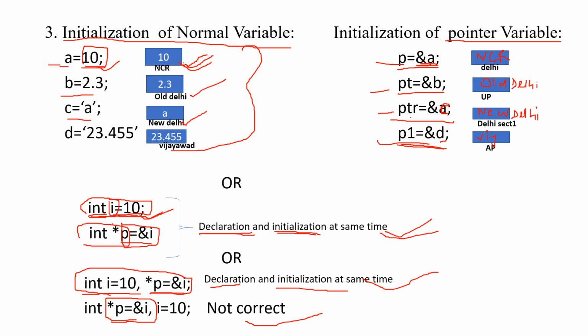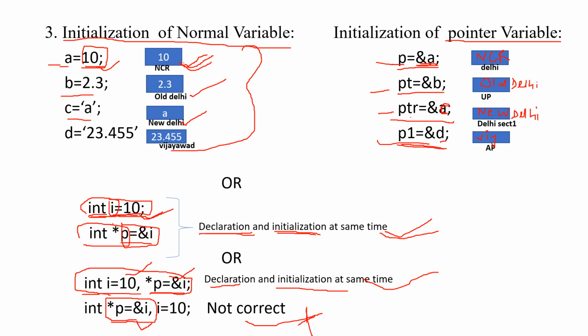Is it possible to tell others this is my address? That's not possible. First you have to purchase the land, then only you get to know the address. So this way is incorrect. This is not the correct way of declaring and initializing.